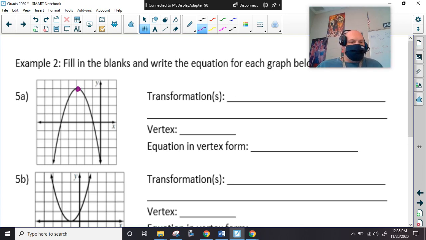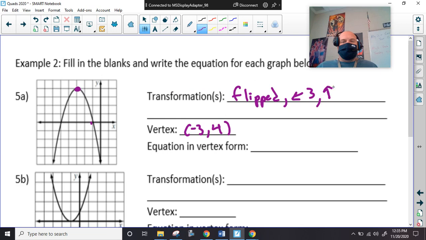So this is my vertex at -3, 4. We know that it's flipped. It went left 3 and up 4.